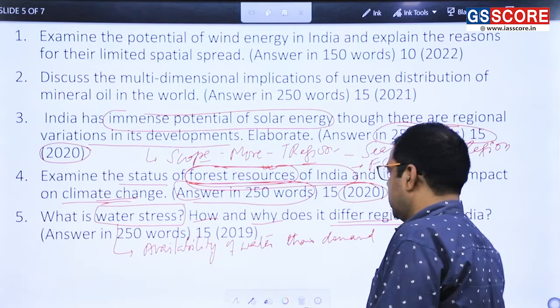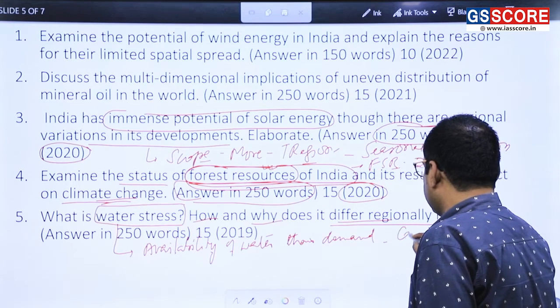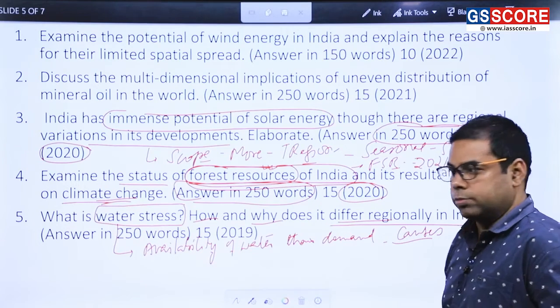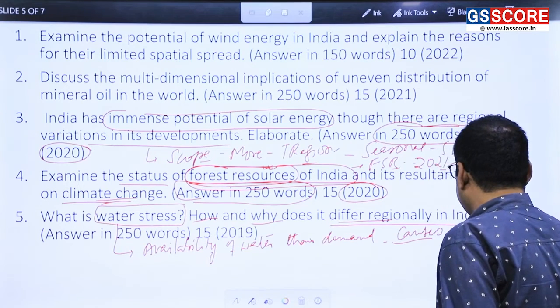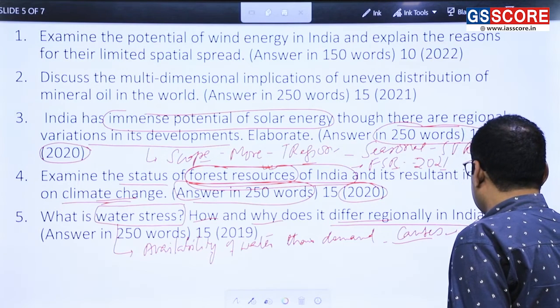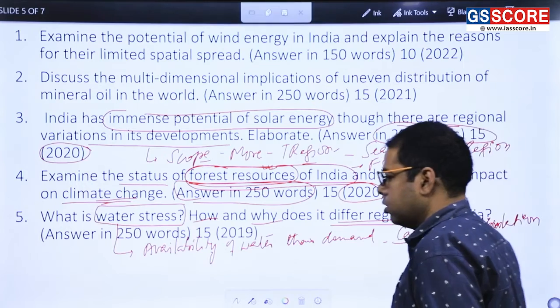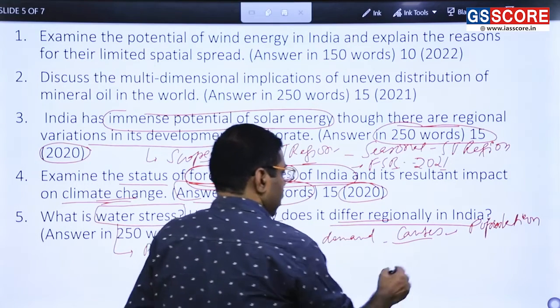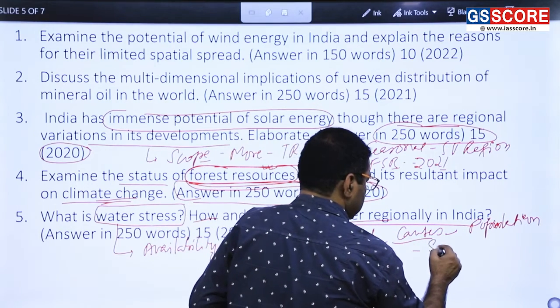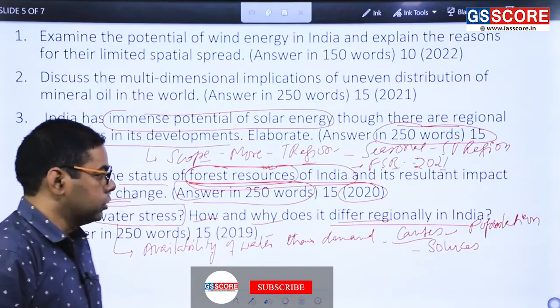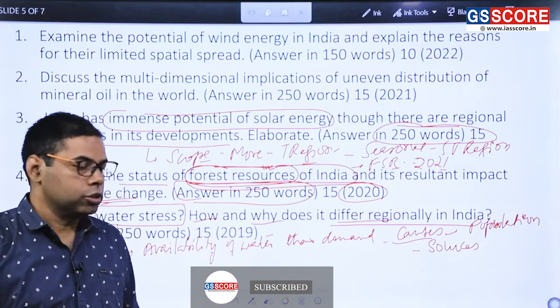So you will have to give here the causes of the stress. Causes of stress will be on the basis of population size, right, on the basis of sources, whether the source of water is available or not.